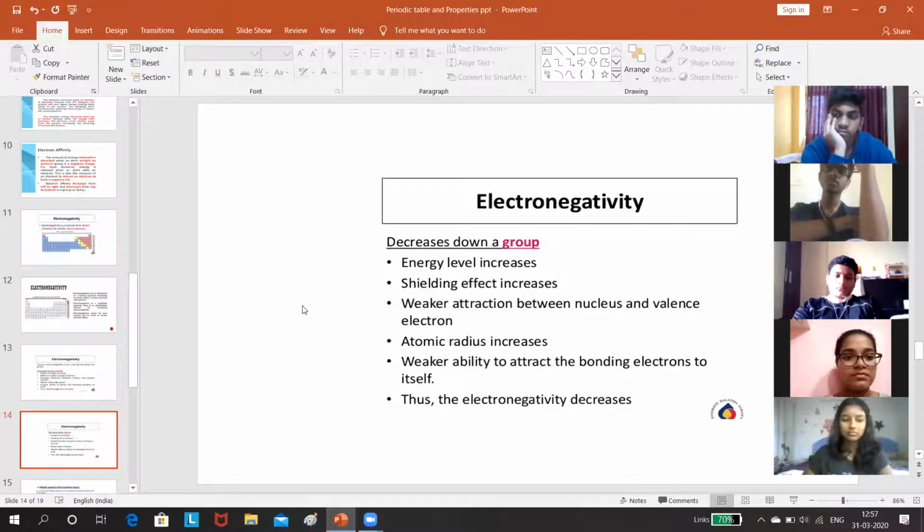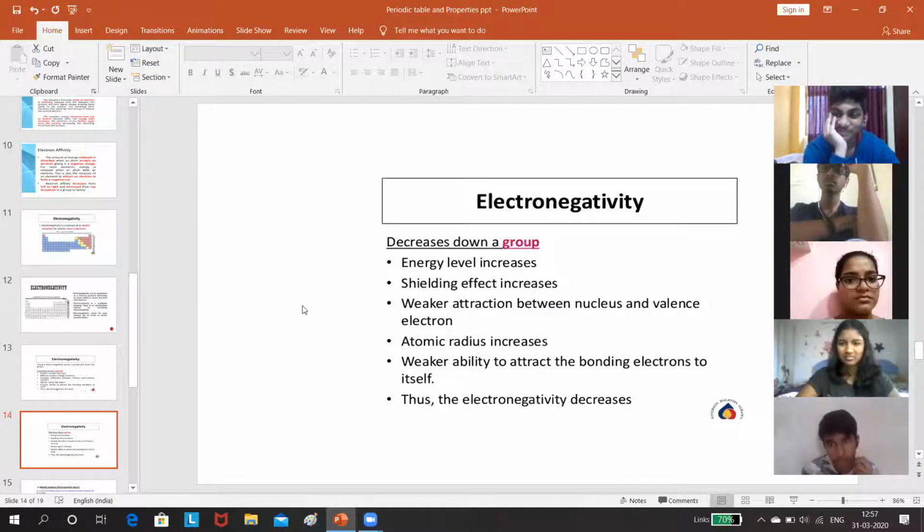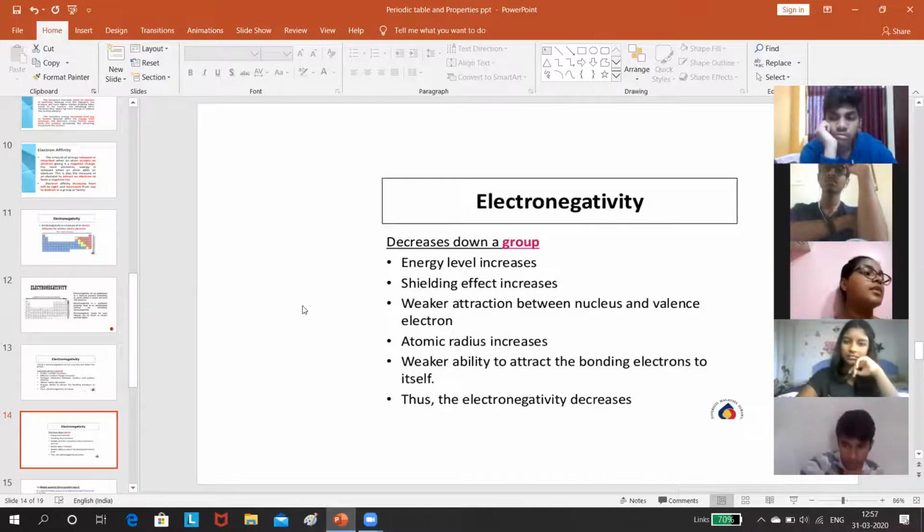In a covalent compound, when electrons are shared between two atoms, one atom will have the tendency to pull those shared electrons towards itself.